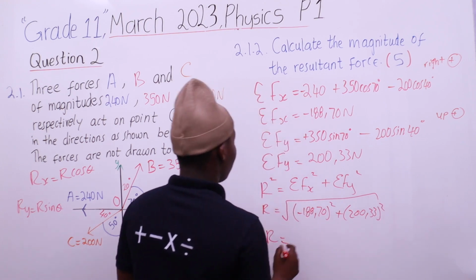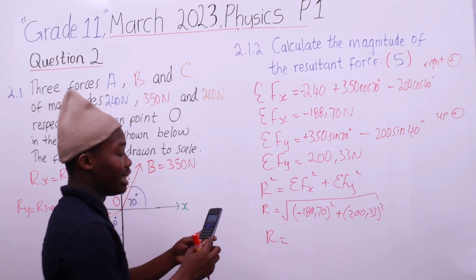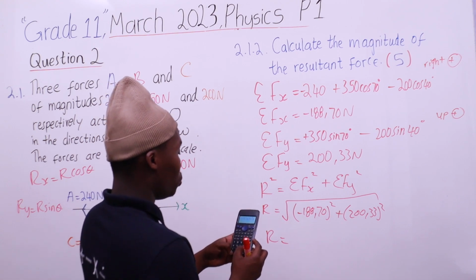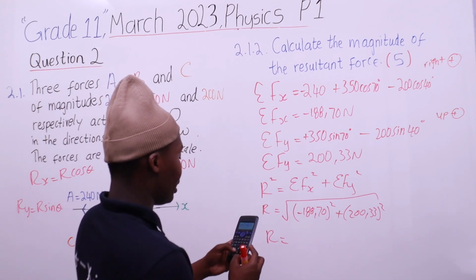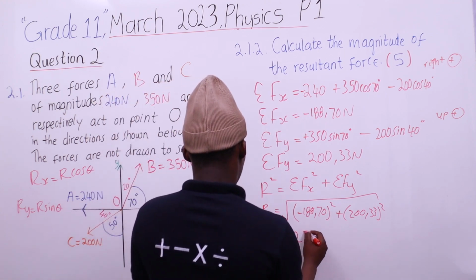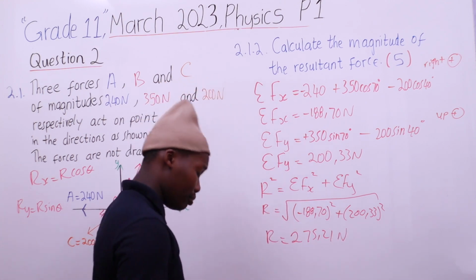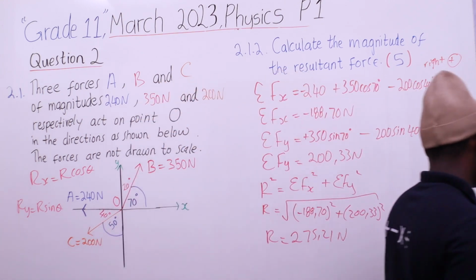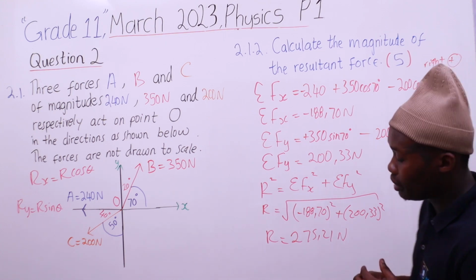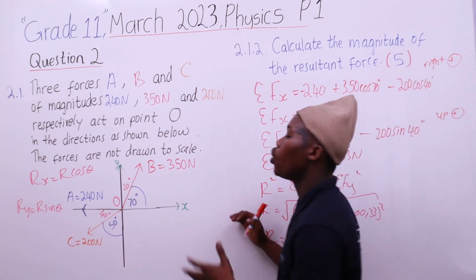So the resultant force is the square root of negative 188,70 squared plus 200,33 squared, which comes out to 275,21 newtons. This is the answer for our resultant vector. So this is how we calculate any resultant vector if we are given our components.